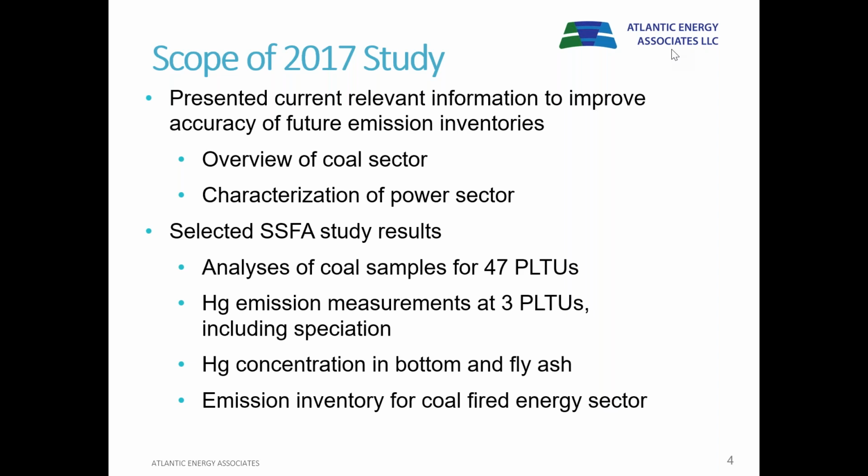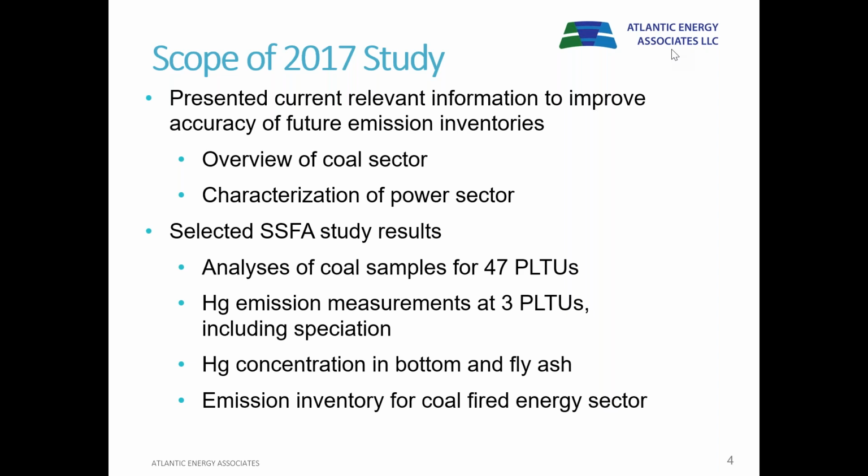Some highlights from the study: BCRC provided analysis of coal samples for 47 units and conducted measurements of mercury emissions at 3 power stations, and this included providing speciation of mercury.